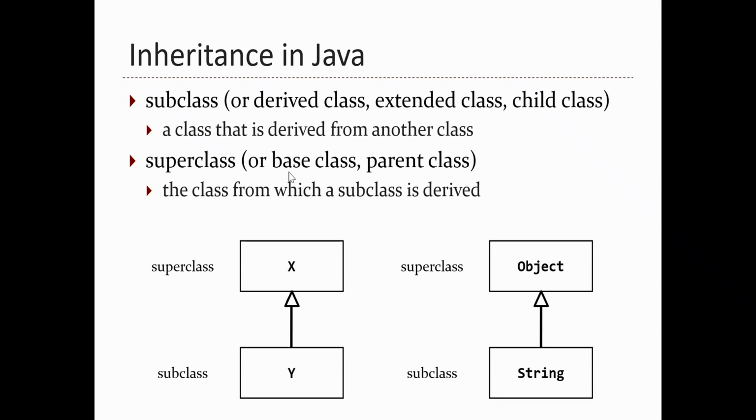The superclass is often called superclass, base class, or parent class. That's the class from which the subclass is derived. In object-oriented literature, you'll often see parent and child. So Object would be the parent class, and String would be the child class.